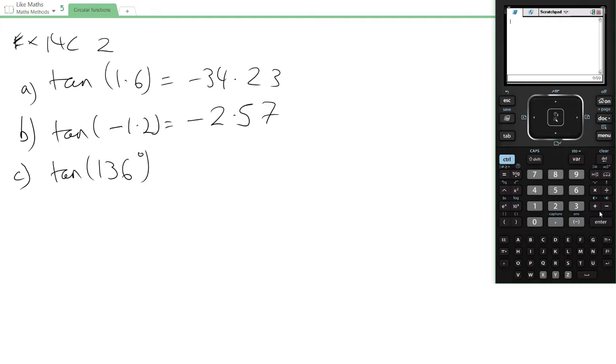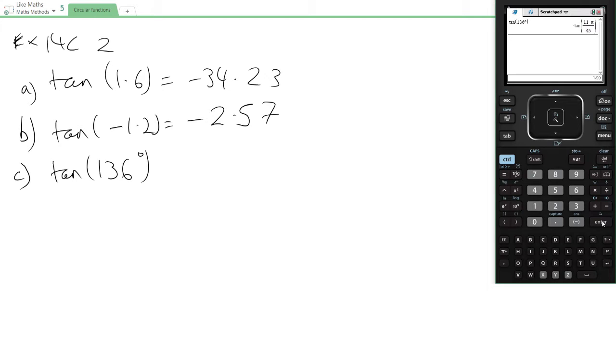Right, back into scratch pad, hit enter. Trig functions, go across to tan, type in the 136. Now it defaults to radians, so at this point it would work out the tan of 136 radians. We actually want 136 degrees. So control and book, brings up the symbols, and go across until you get to degrees, and then enter.